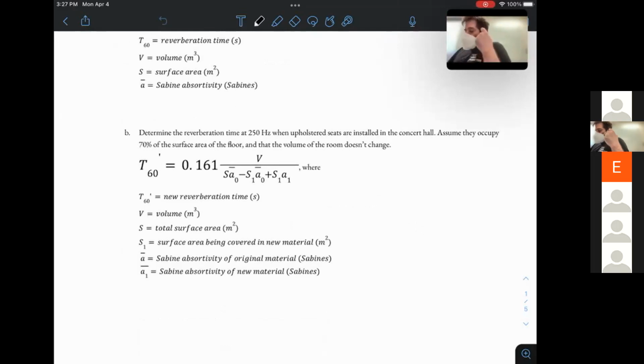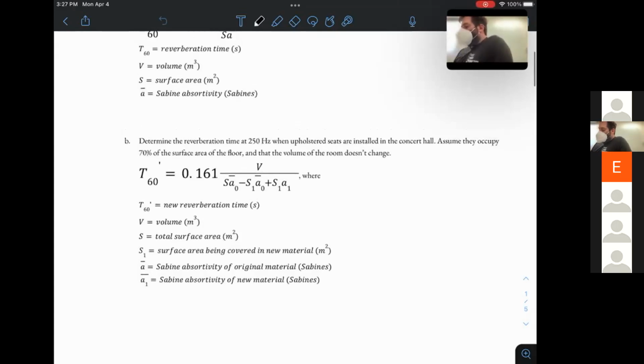So now we've got to determine the reverberation time at 250 hertz when upholstered seats are installed in the concert hall. Assume they occupy 70% of the surface area of the floor, and that the volume of the room doesn't change. So we've got a new equation here, though it's just a version of the other one, presented in class. We've got this T60 prime, which is our new reverberation time.